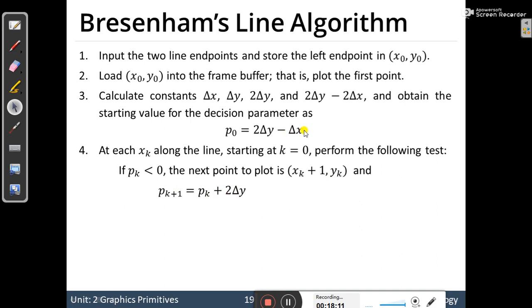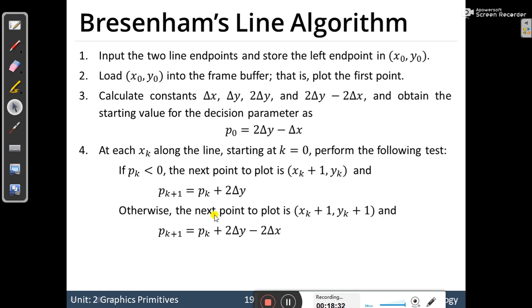It means there is no change in the y direction. Otherwise, if pk is greater than 0, the next point to plot is xk plus 1, yk plus 1, which means there is a change in both x and y direction.